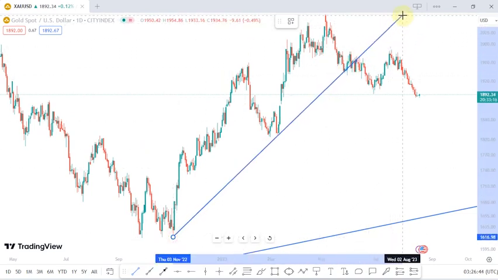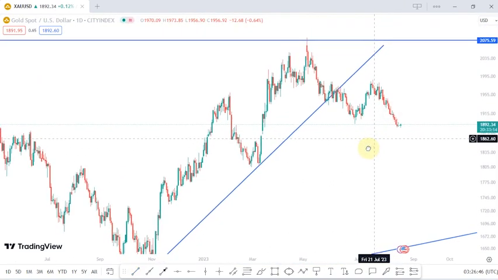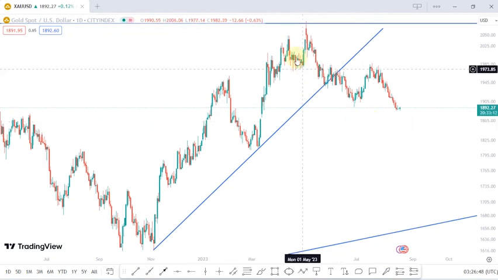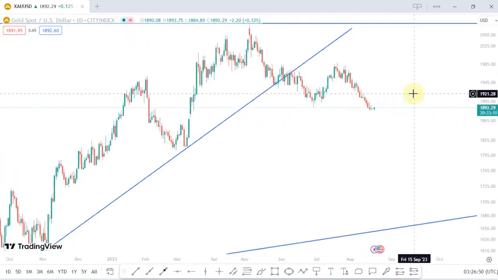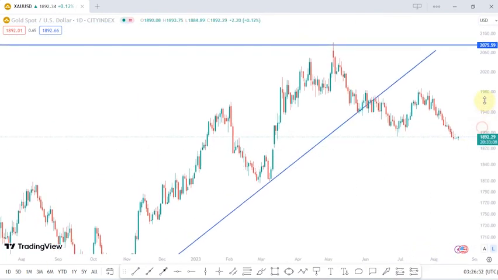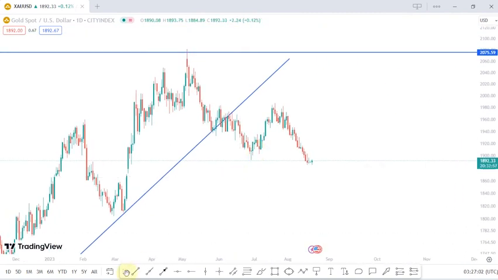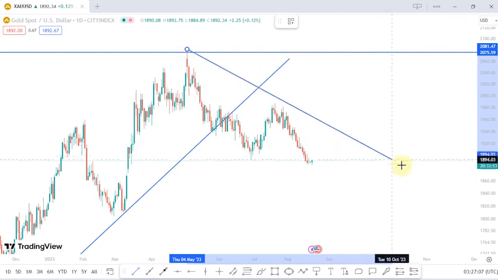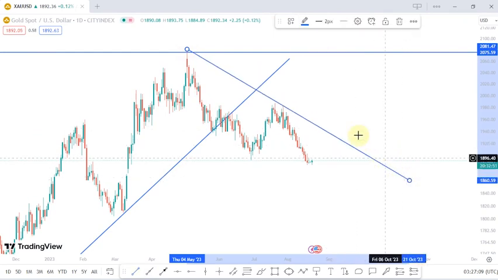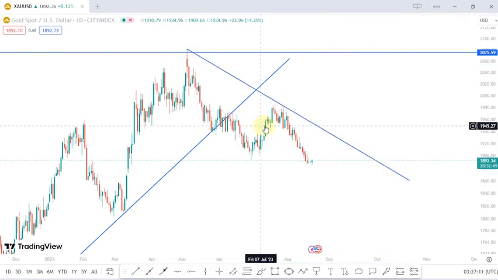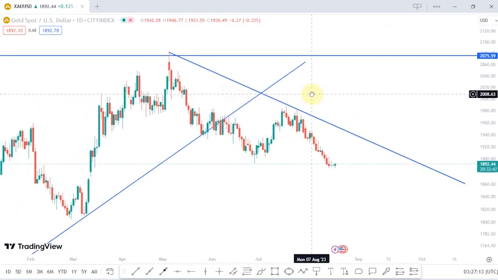I'll throw in another trend line and see that there is a break of trend line here. And if I decide to throw in another trend line, you can see that a strategy is playing out already.